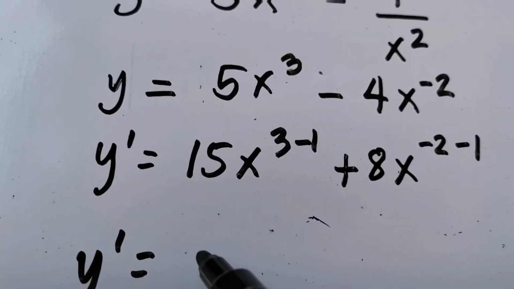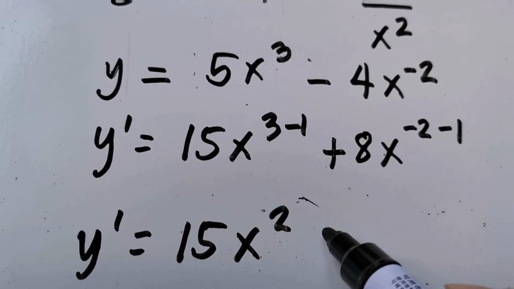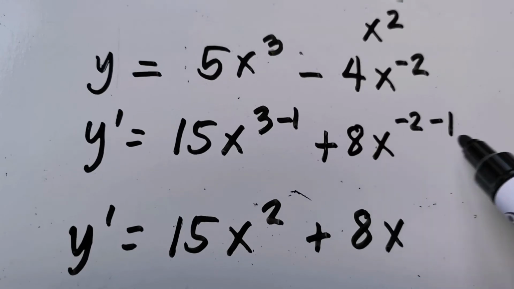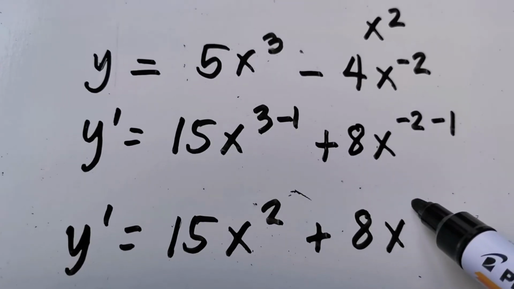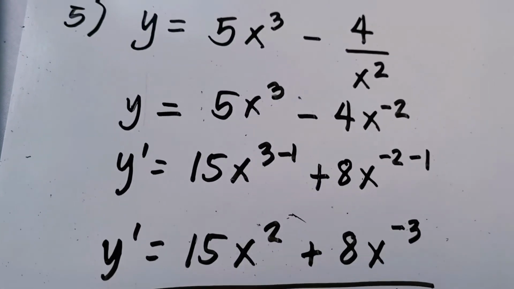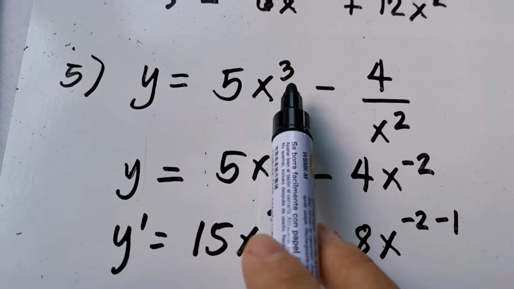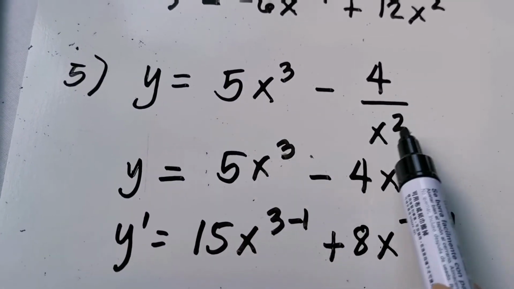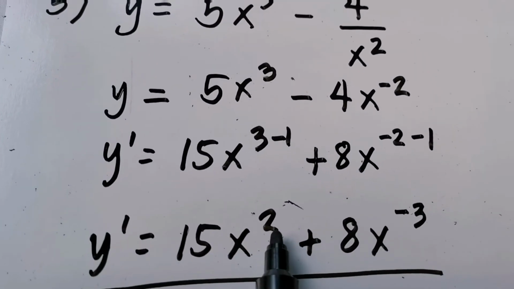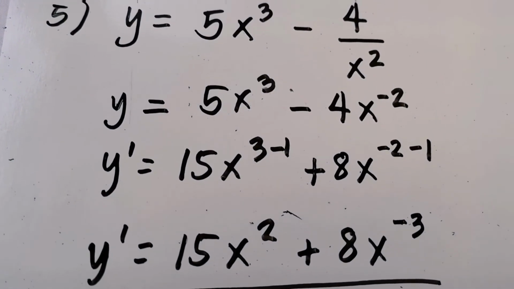We have 15x squared plus 8x. Negative 2 minus 1 is negative 3. So the derivative of y equals 5x cubed minus 4 over x squared is 15x squared plus 8x raised to negative 3.